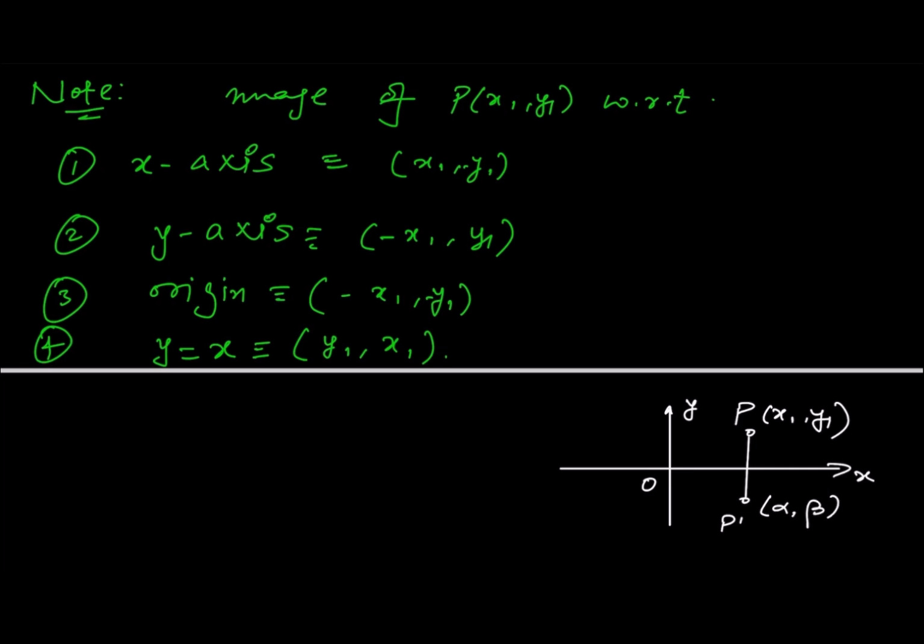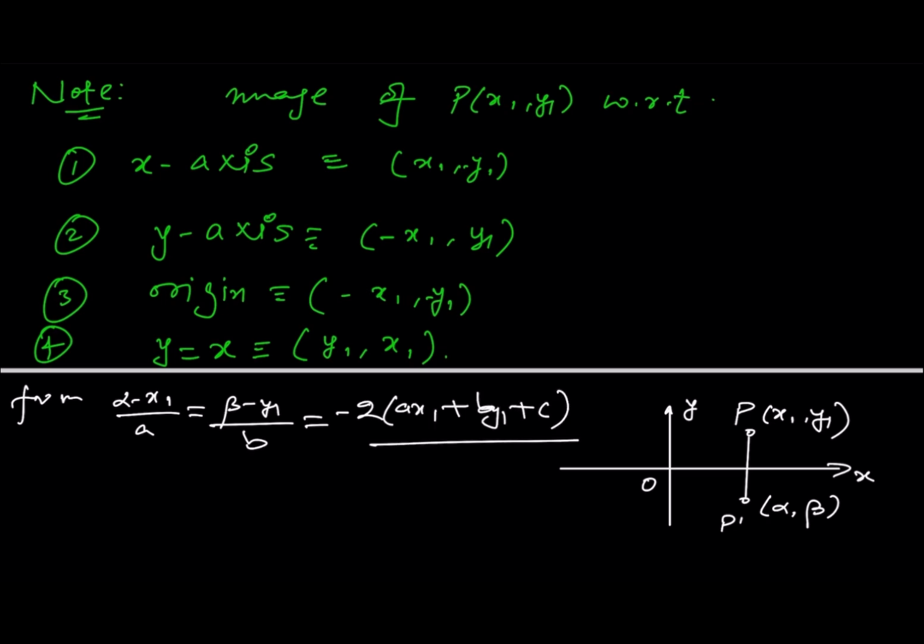Now from (alpha - x1)/a = (beta - y1)/b = -2(ax1 + by1 + c)/(a² + b²). Here ax + by + c = 0 is this line y = 0.